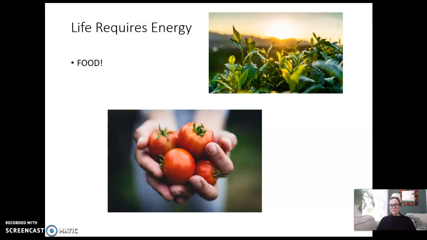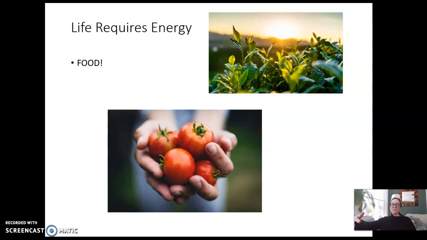The second concept or property of life is that life requires energy. Energy is cycled throughout living things over and over again, and our energy comes to us on the earth from the sun. So that is where we can source back all of the energy that's around us to solar energy.